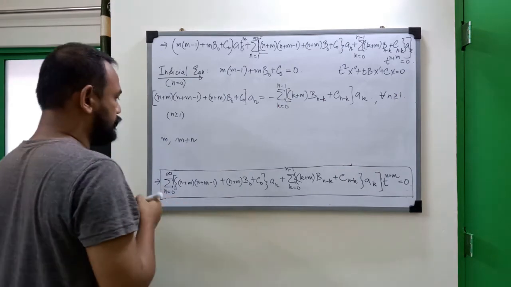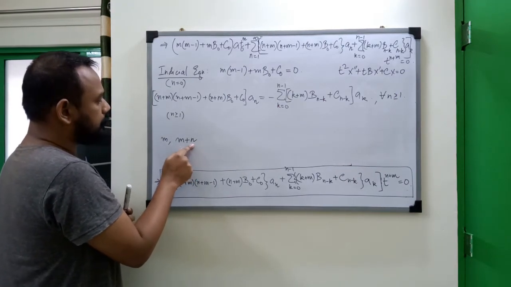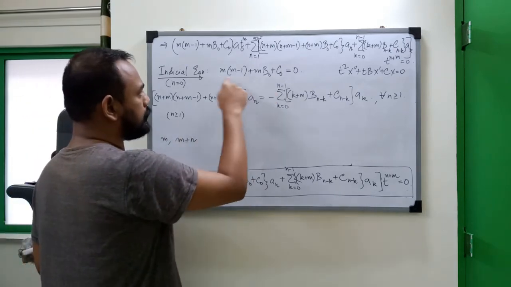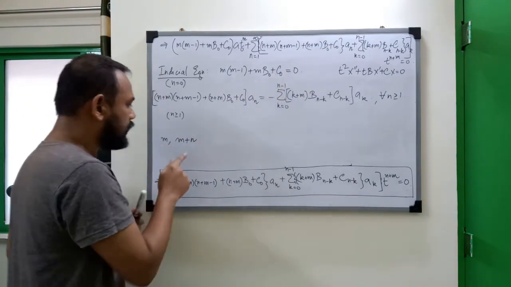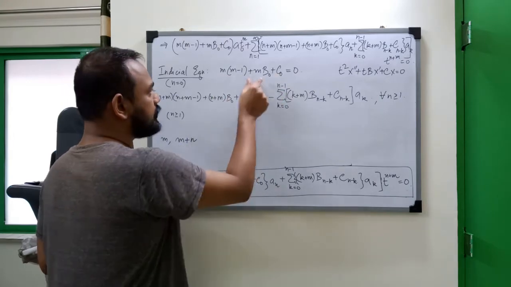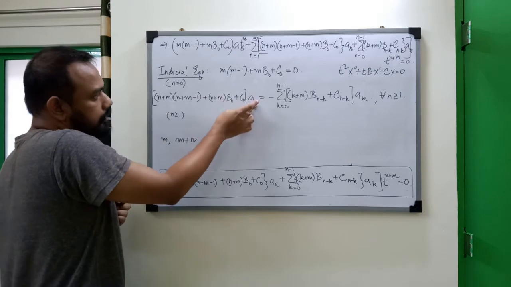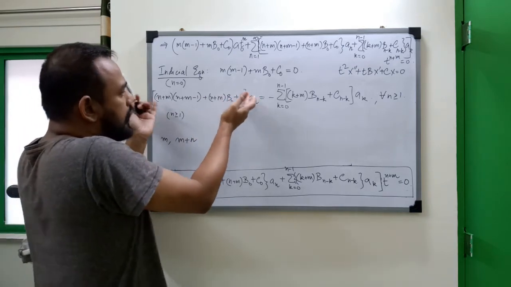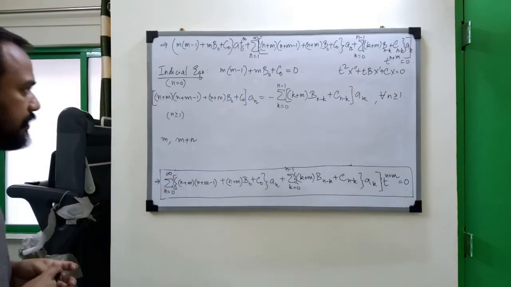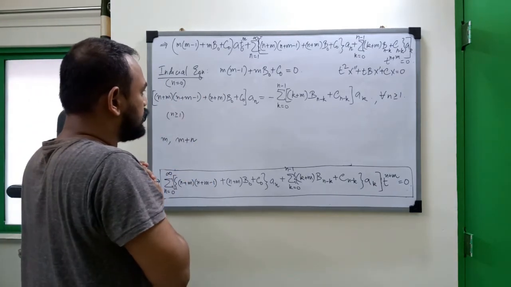So if the two roots are separated by some integer n, then not just m will give the 0, m plus n will also give the 0. So m plus n giving a 0 in this equation means that this quantity is 0, in which case we can't find a_n, because the whole quantity on the left becomes 0.